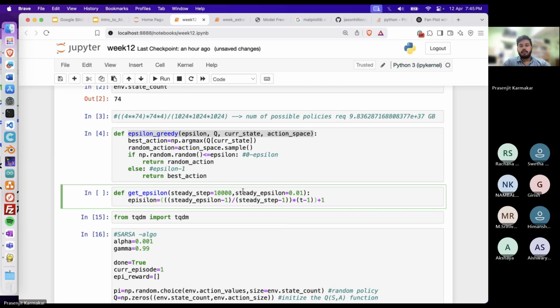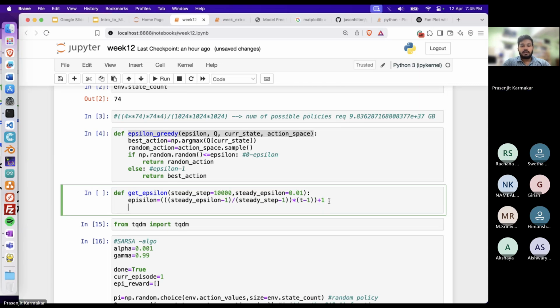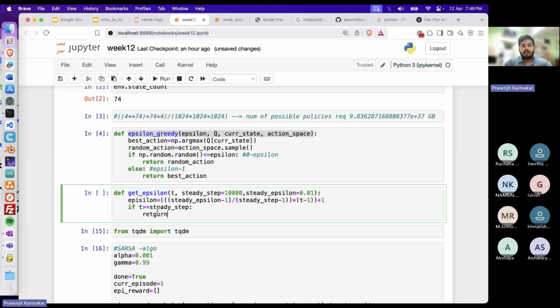Now I also have to keep this t as input, so t comma all those things. If t is greater than or equal to steady state, so basically you reach the steady state, then return your steady epsilon.